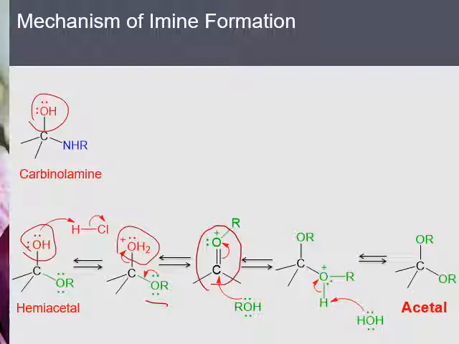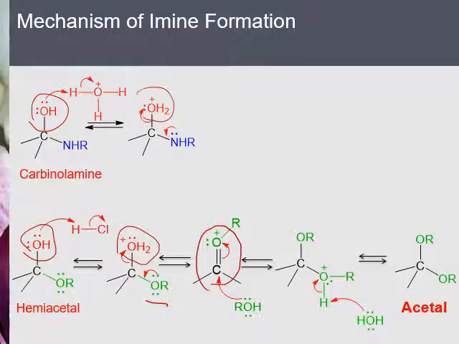Similarly, carbinolamine is protonated, forms a good leaving group, water, and water leaves, which is assisted by nitrogen to form a C=N double bond. So the two mechanisms are very similar up to this point. The only difference is one is oxygen, one is nitrogen. Okay, the real difference of these two mechanisms starts from here.